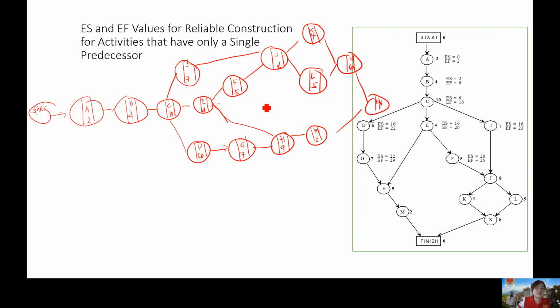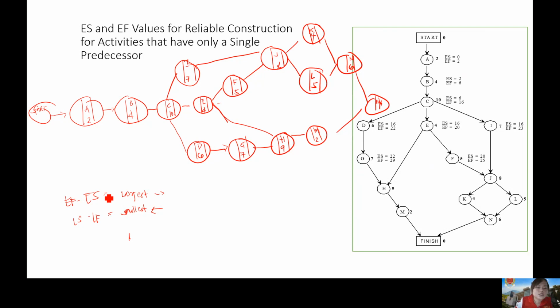Okay? So, as I said earlier, for earliest start and earliest finish, which is your forward pass, what you take is the largest. For the backward pass, the smallest, which gives you the LF and LS.